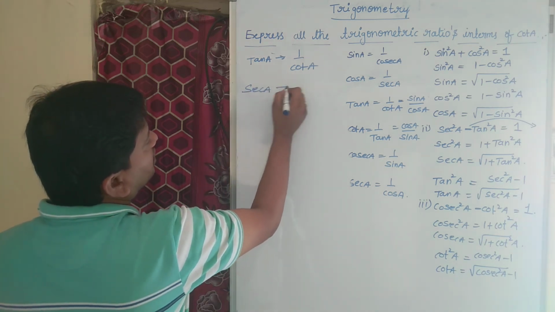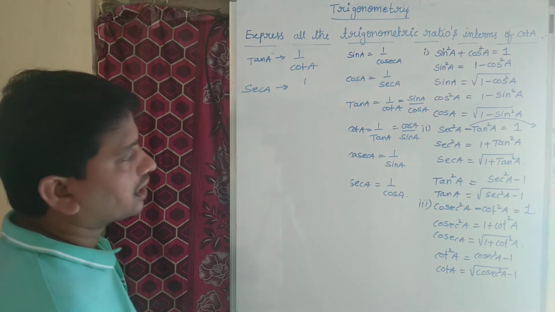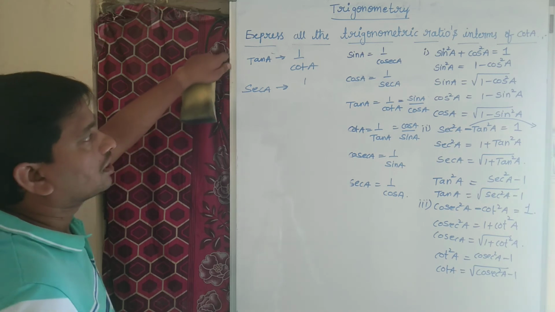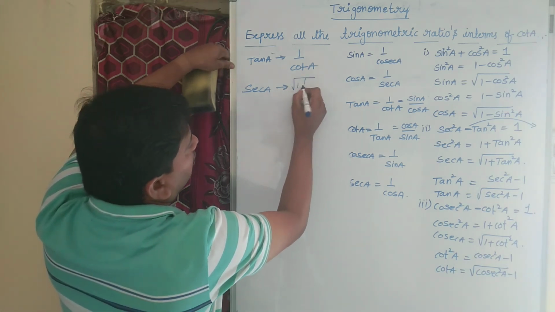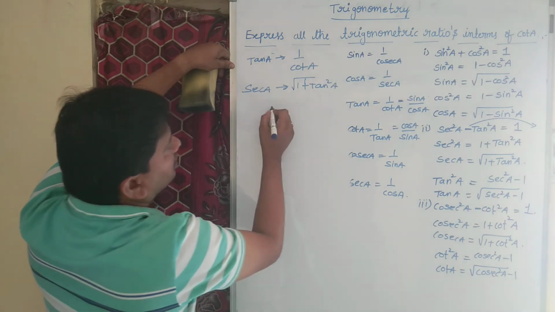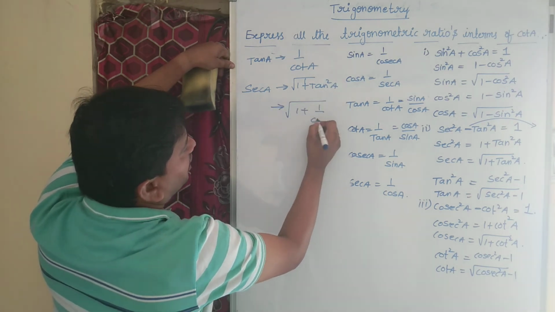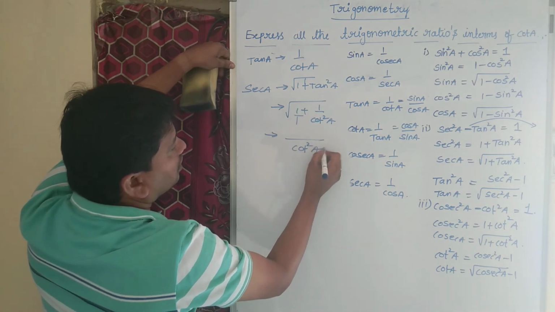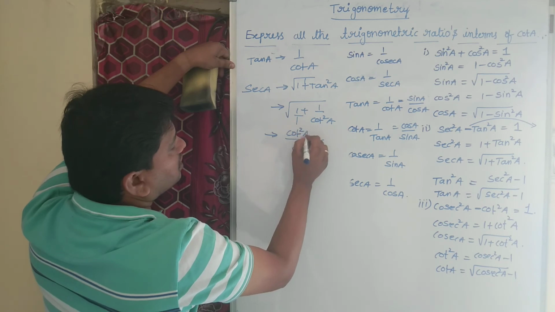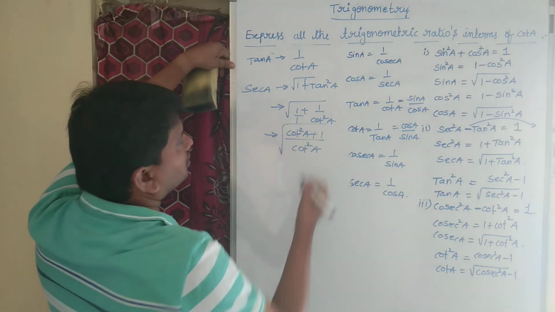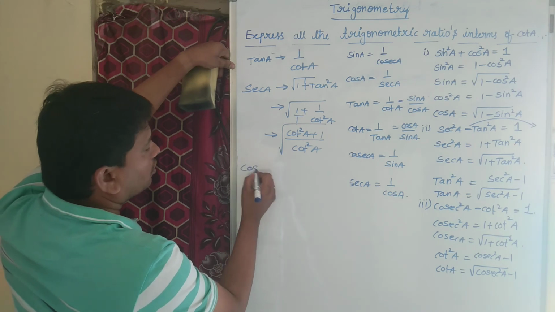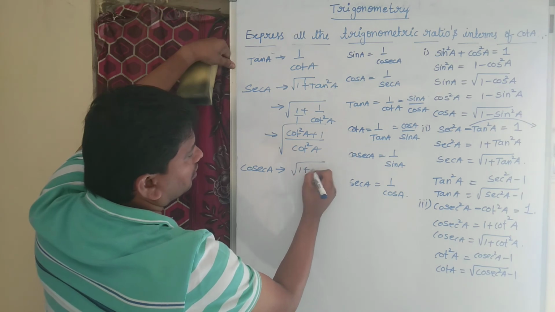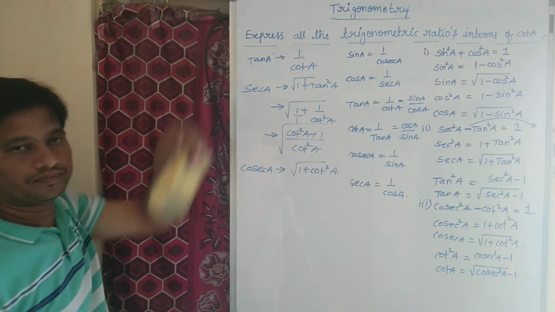Now coming to sec A. Sec A is nothing but root over 1 plus tan square A. Again, root over 1 plus tan square A I can write as 1 by cot square A, LCM is cot square A, cot square A into 1 cot square A plus 1. Now coming to cosec, we can express it as simply root over 1 plus cot square A.